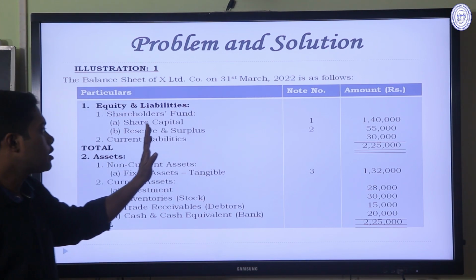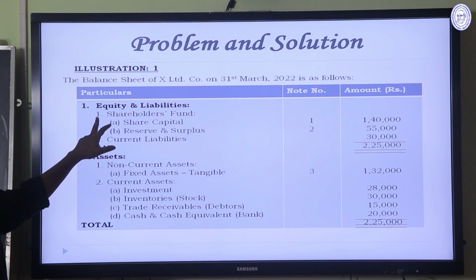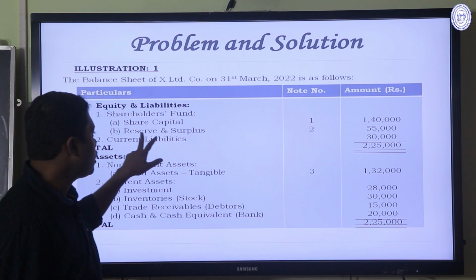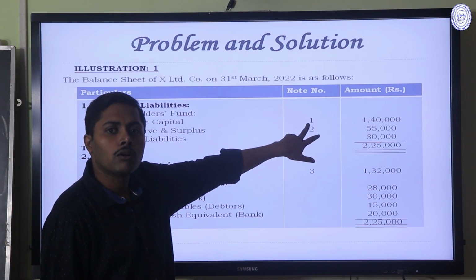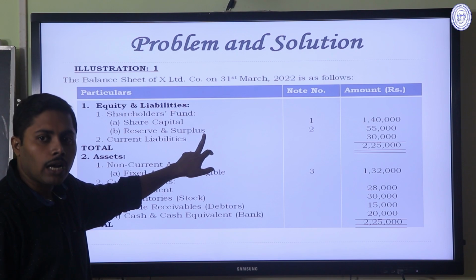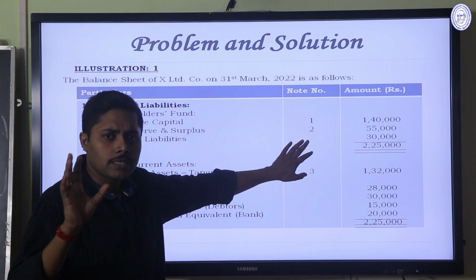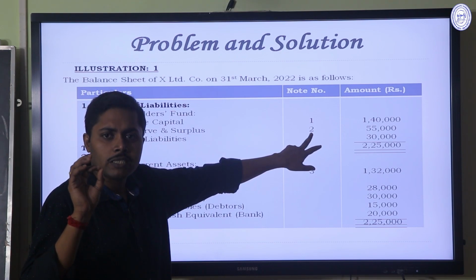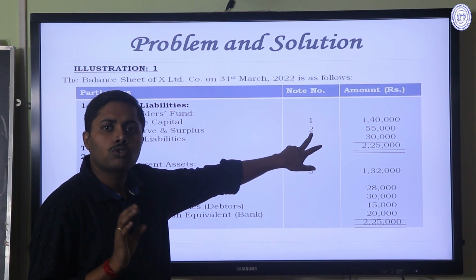As on that date, it has share capital of rupees 1,40,000, and the detail of share capital is denoted in note number 1. There is a balance of reserve and surplus account, and the specific balances are mentioned in note number 2.